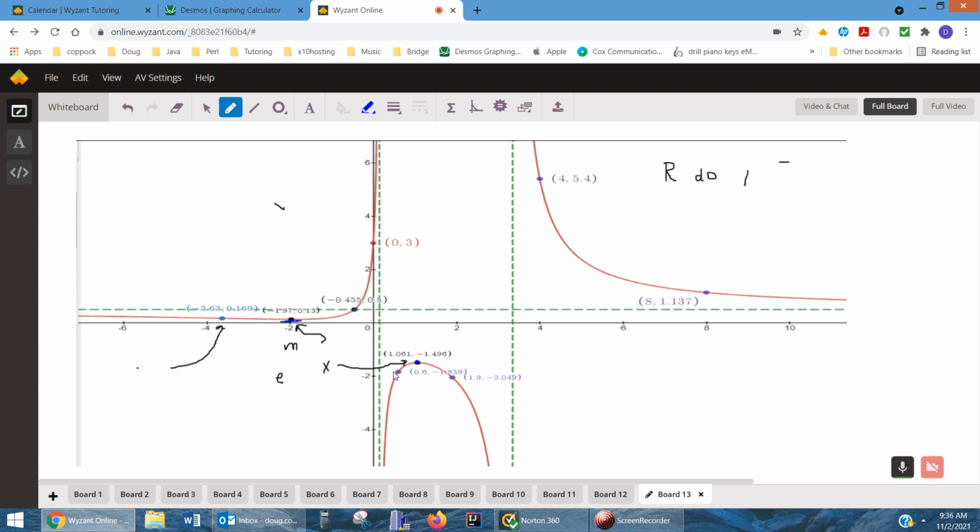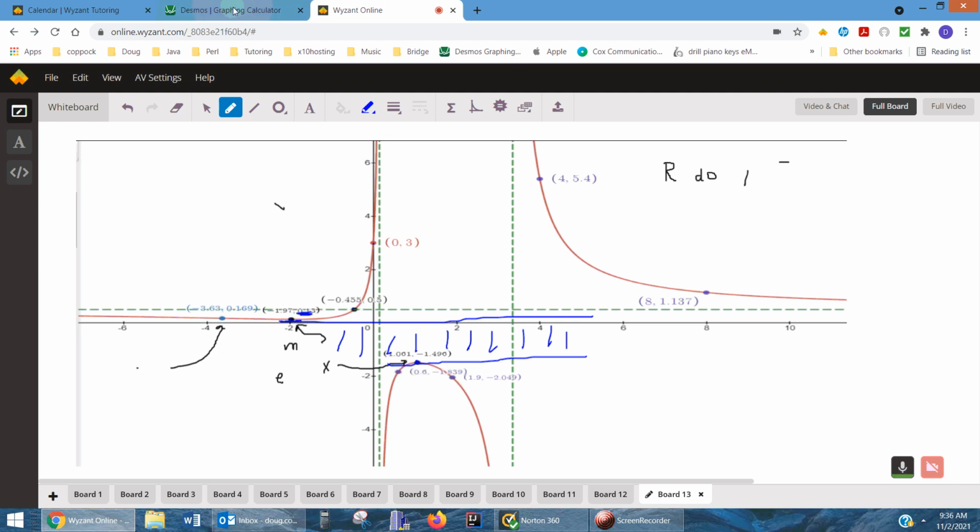Picked a couple other points to help plot the curve, but here's the observation: none of these values are in the range of y. We went from negative 1.496 up to 0.03. Those numbers are not in the range. Okay, we found that algebraically on board 12.